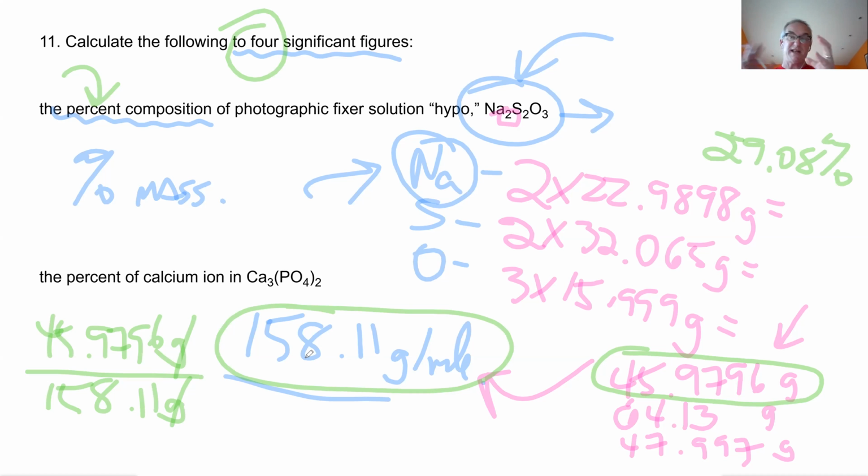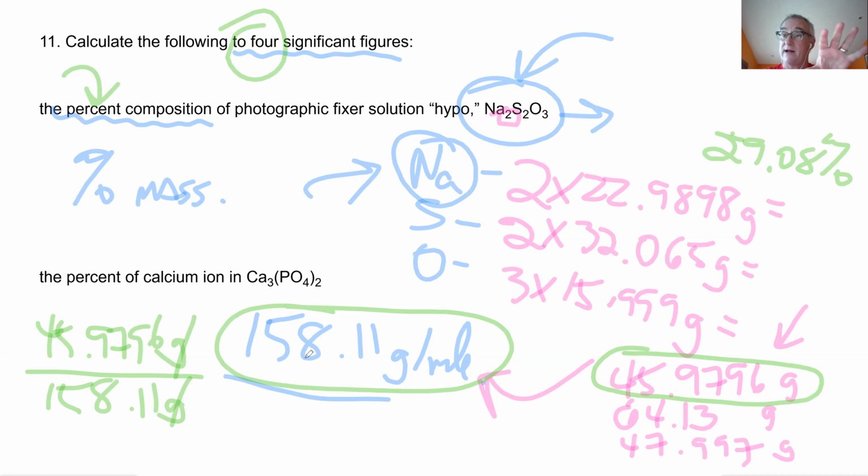If you don't get 100%, then something's wrong. When you finish it, it should sum to 100. If it sums to 90 or 110%, then something's off there.